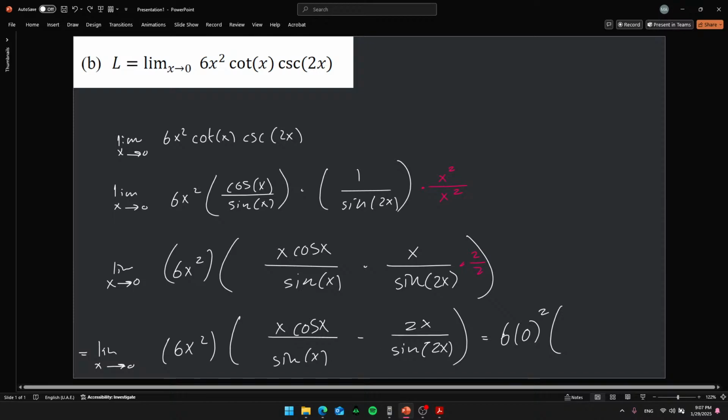So x over sine x will give me 1 times cosine 0 is 1 times, sorry, this is not a minus, this is times, 2x over sine 2x would give me 1. So 6 times 0 squared times 1 times 1, which is 6 times 0 squared times 1, which is 0.